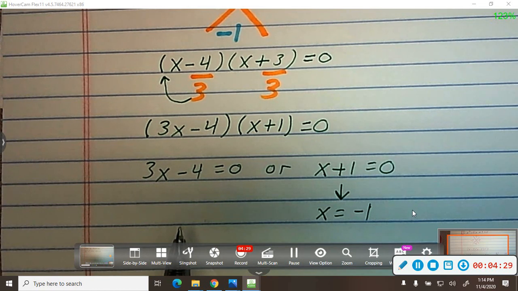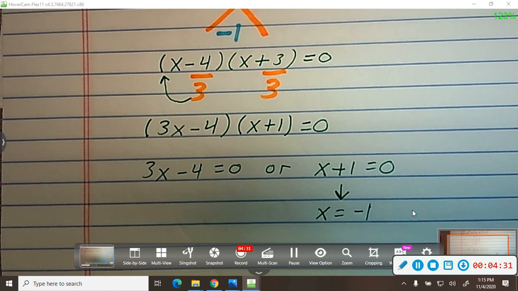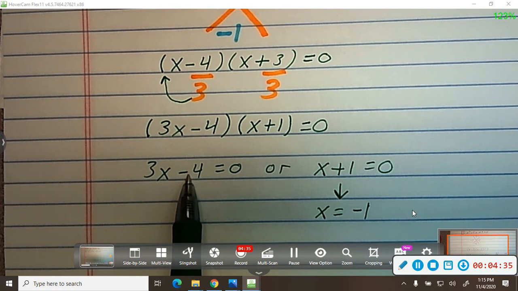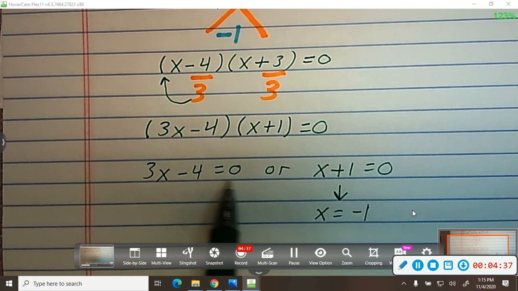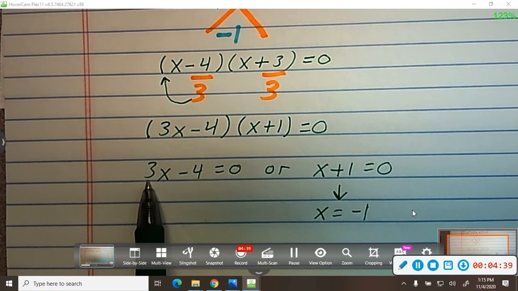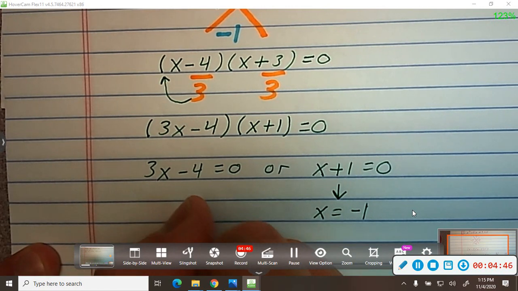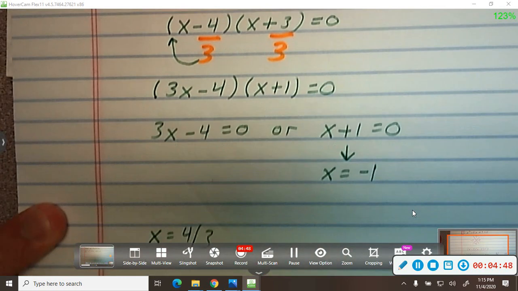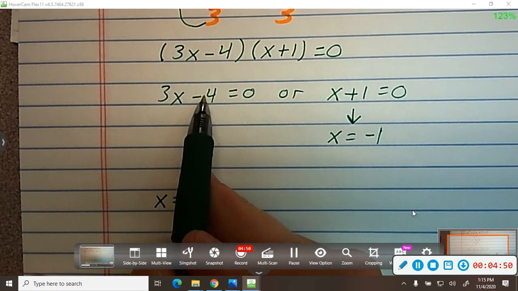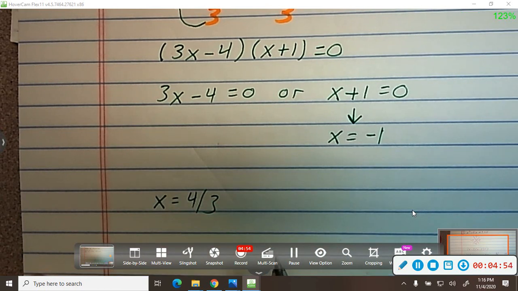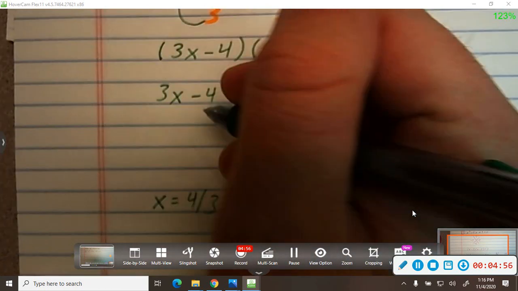So I've been doing these a long time. And so the way I like to think of this, if you're trying to solve for x, you're going to add 4 to both sides, and then divide by 3. So I know the answer without even doing any work is x equals 4/3, because you move this over, divide by that. But I'll show you how I got that so fast. I do this in my head.